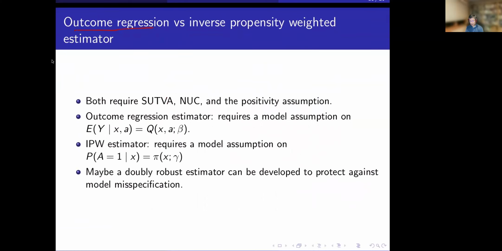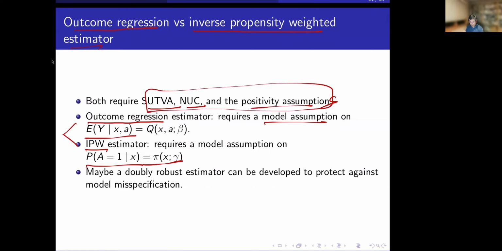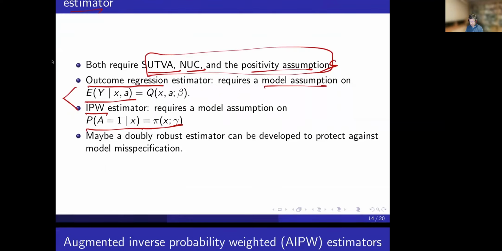So the outcome regression estimator and the inverse probability weighted estimator both require three assumptions. The outcome regression estimator uses the model assumptions on the outcome, while the IPW estimator uses the model assumption on the propensity score. So these are different, and these three are common.